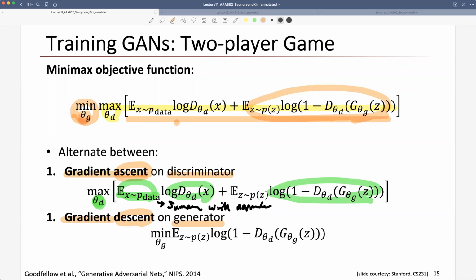Because there is no relevant term with theta g in the other one. So this term is our objective function to train the generator, right? So minimization of this term, right? So by alternately using the gradient ascent on the discriminator and gradient descent on the generator, we can train both the generator and discriminator, right?